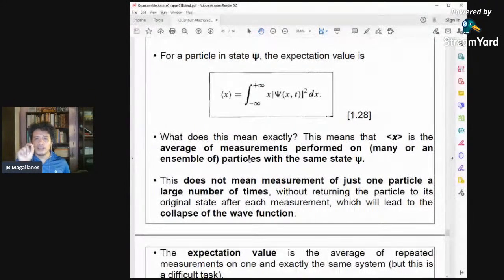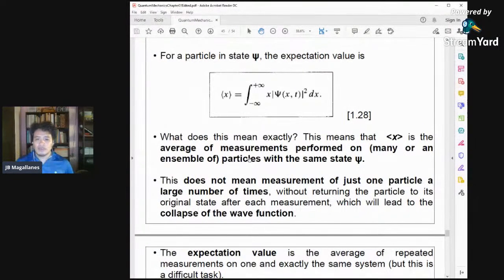The wave function is already disturbed after the first measurement. And when you do the third measurement, the wave function is disturbed by the second measurement, and the fourth is disturbed by the third, and so on.